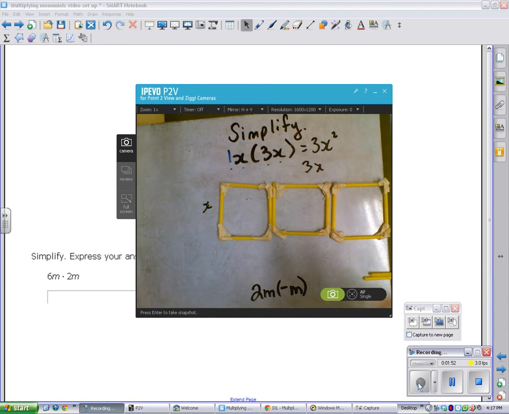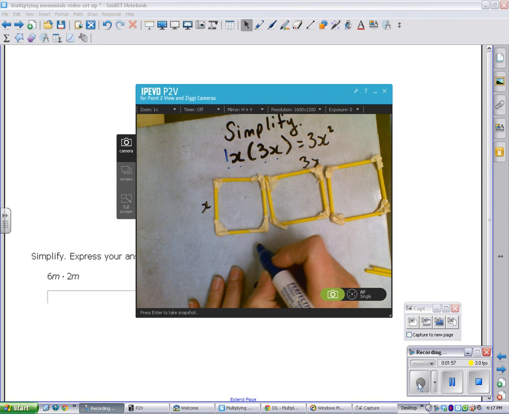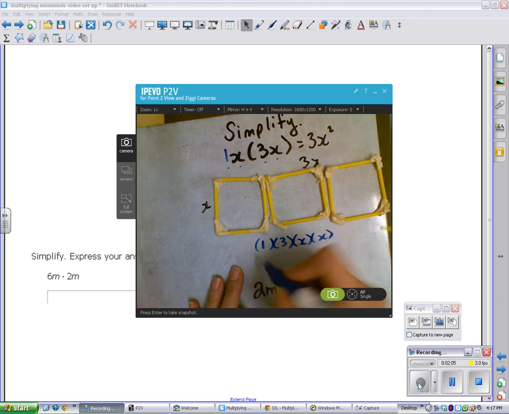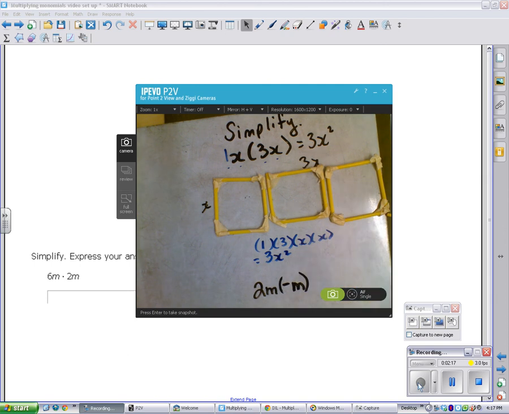And so I've actually figured out that the way I can multiply is by multiplying my coefficients, so 1 times 3, and then multiplying my variables, x times x. So we know that 1 times 3 is 3, and x times x we've already seen gives us x squared. So I get the answer 3x squared just using the algebraic representation instead of the model.